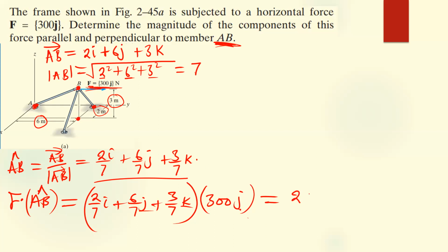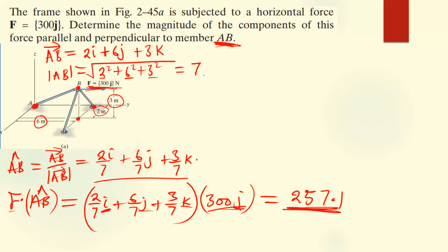Then j times i gives a 0 as well. So this is a scalar quantity, the magnitude of this force projected along the member AB. This is the solution for the first part.